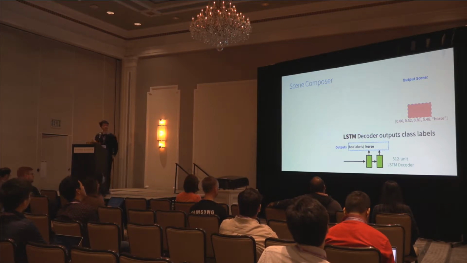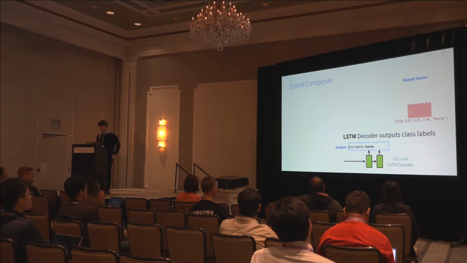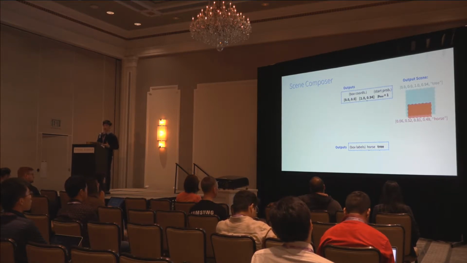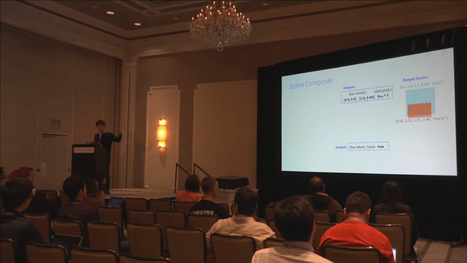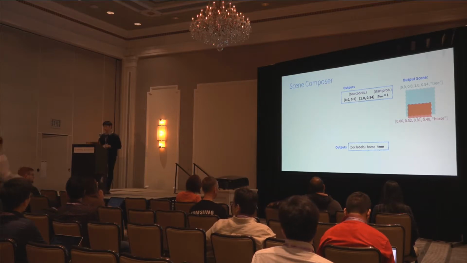Then we also have the LSTM decoder that outputs the class labels, which tells us what class of objects the object boxes belong to. We repeat this process for each bounding box, and in this case, after we generate the horse, we also generate the tree behind it, until an end token is generated, because both transformers and LSTMs are sequence models.